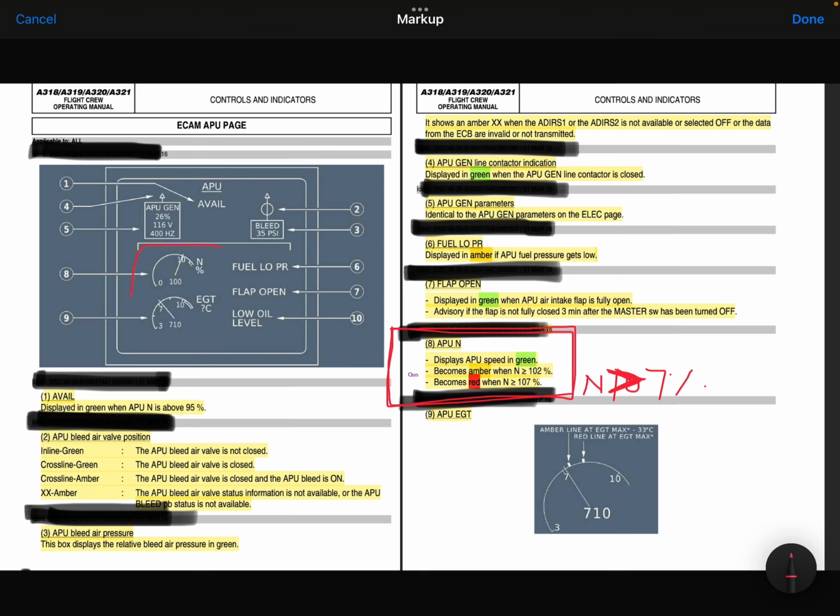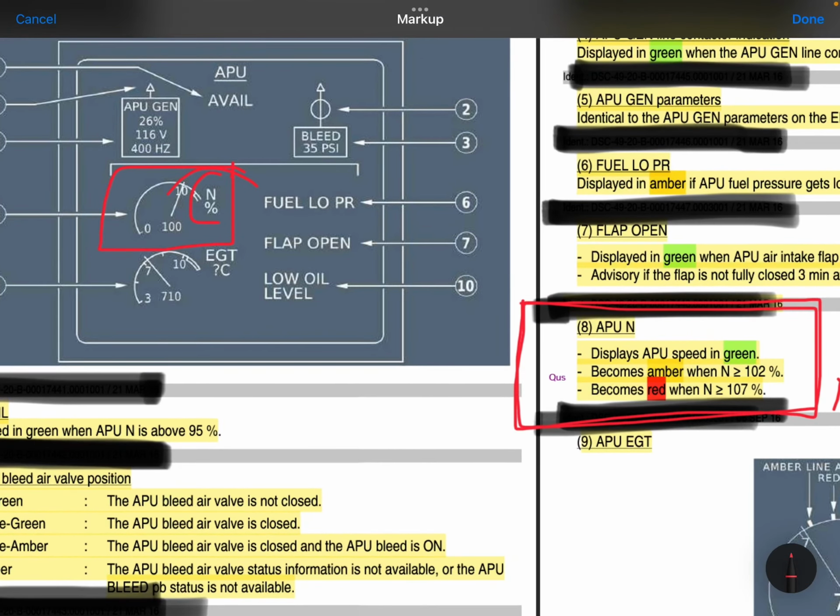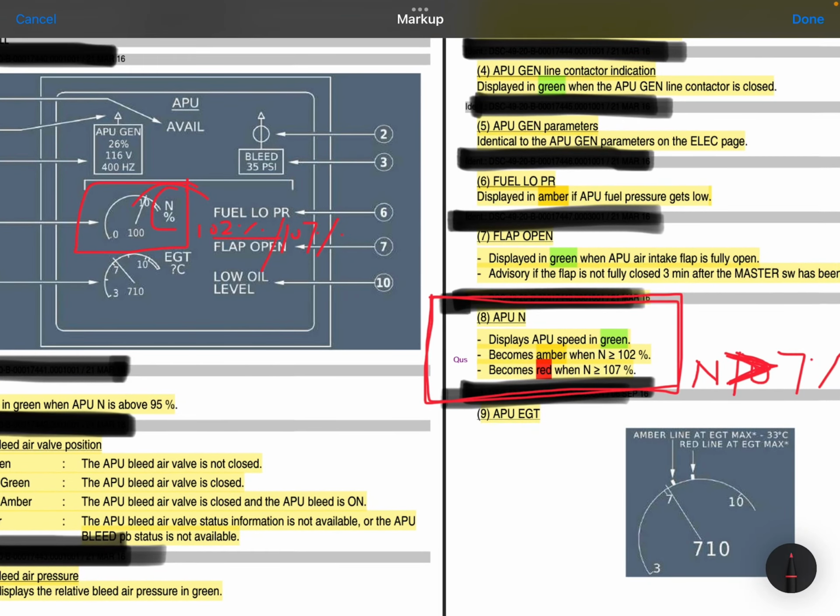This arc here, this N becomes amber if N is greater than 102%. When it is greater than or equal to 107%, it becomes red.